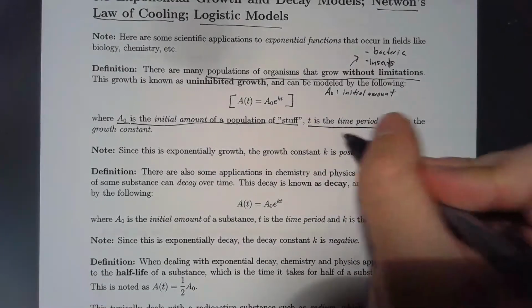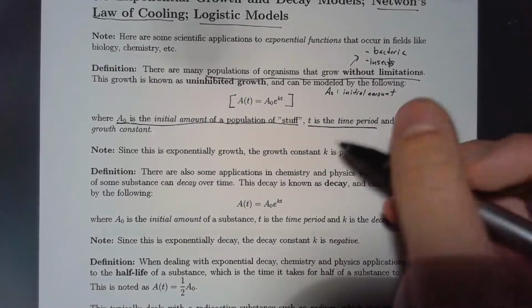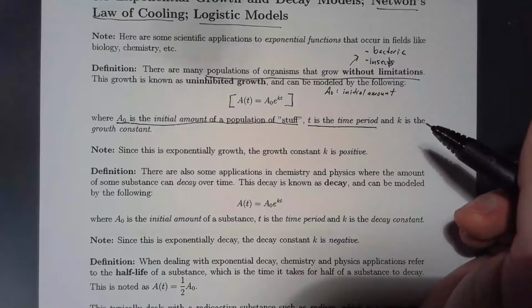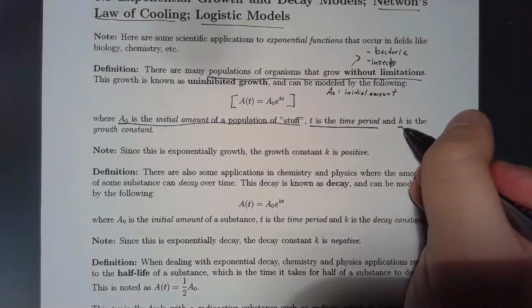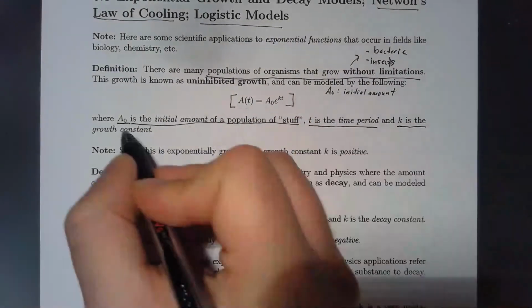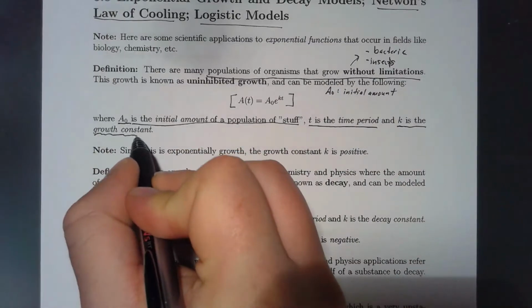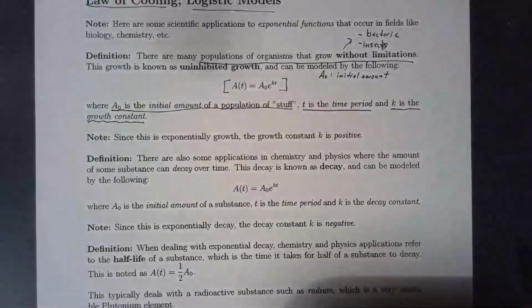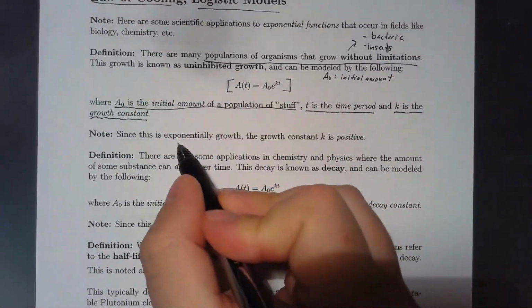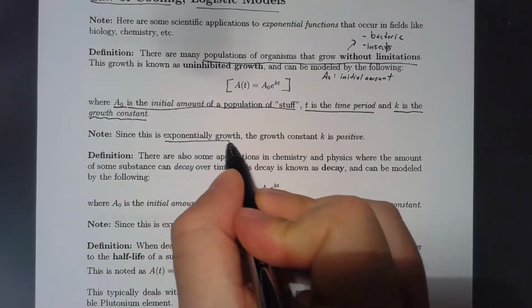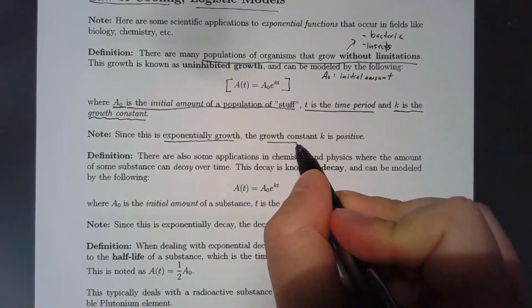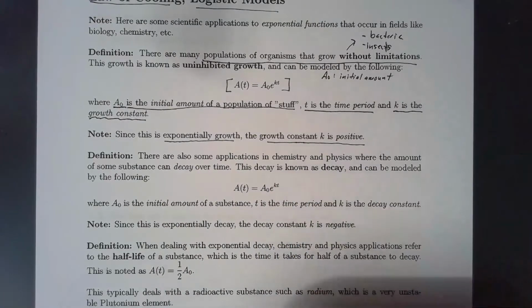That could be in days, weeks, months, years. It just depends on the problem. The value K in here is called the growth constant. Since this is exponential growth, the growth constant is positive.